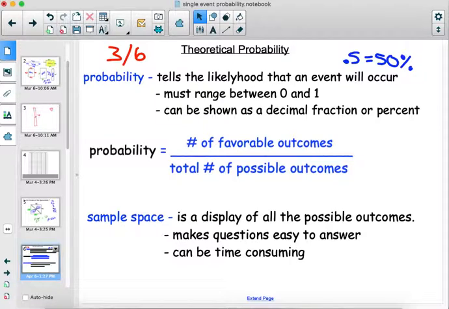Sometimes this strategy of a sample space can take a lot of time. But if you make it, it makes answering any question about probability really easy. We're going to have one example at the end, and I'm going to use a sample space to show you.